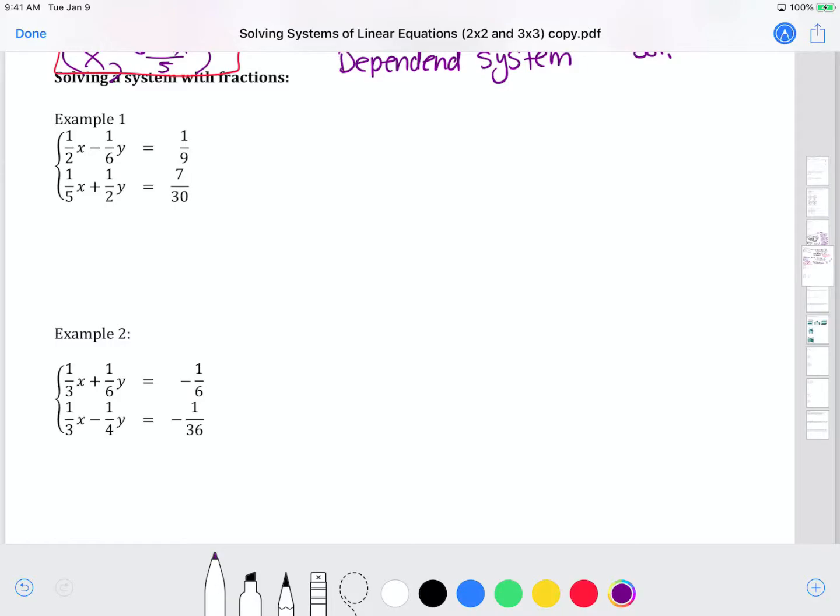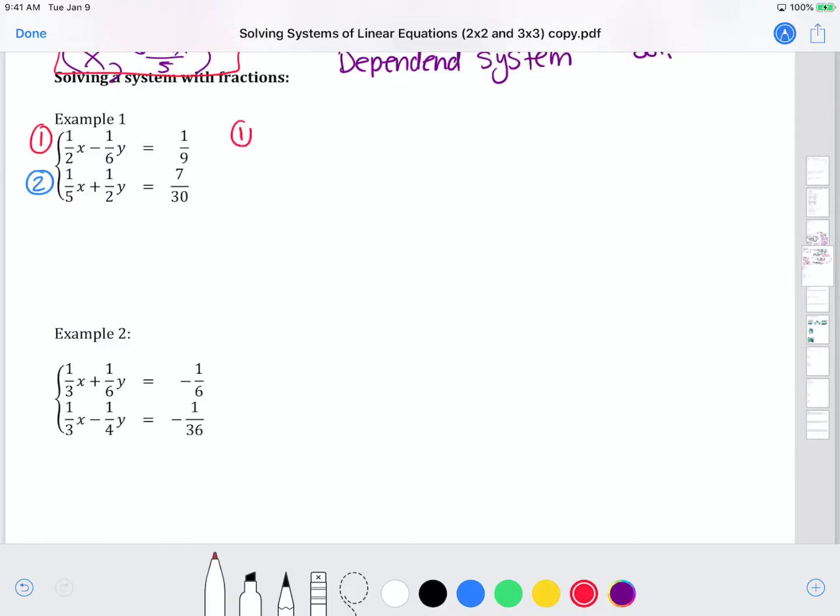So if I look at the first equation, I'll call this equation 1 and equation 2. For equation 1, I have 2, 6, and 9 as my denominators. I can use 18 and multiply all of those terms by 18 to clear those fractions.